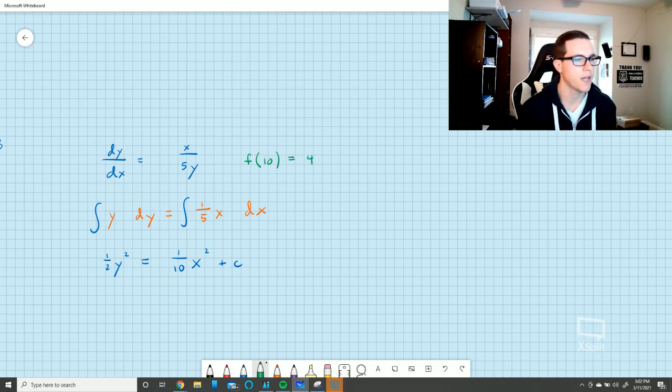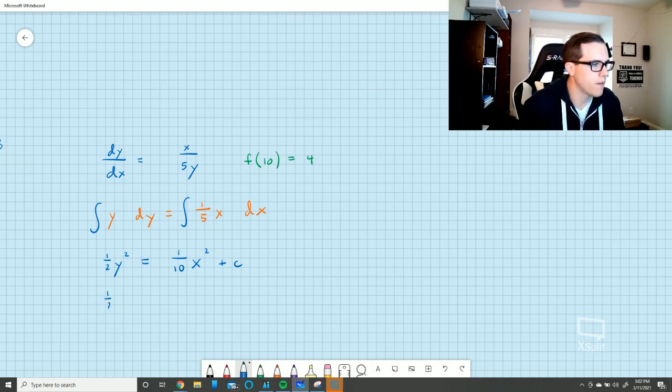Make it easier on ourselves, yeah. So if f of 10 equals 4, let's plug them in. So 1/2 4 squared equals 1/10 10 squared plus c. 4 squared is 16 divided by 2 is 8. 10 squared is 100 divided by 10 is 10. So c equals -2.